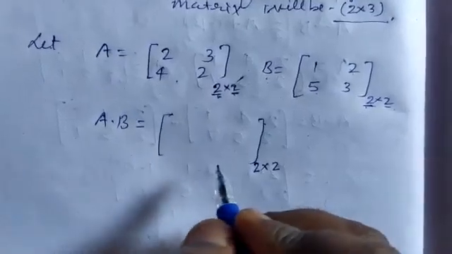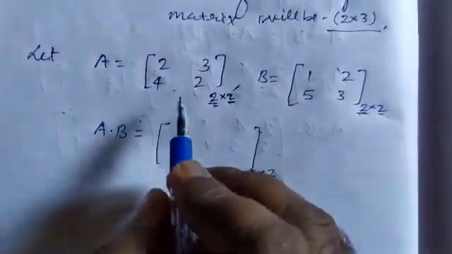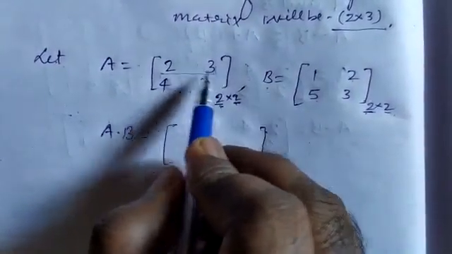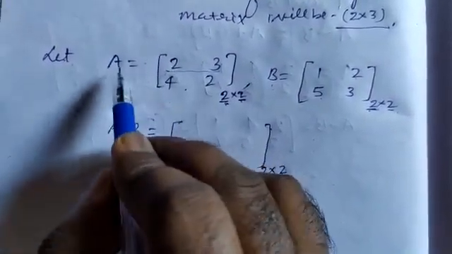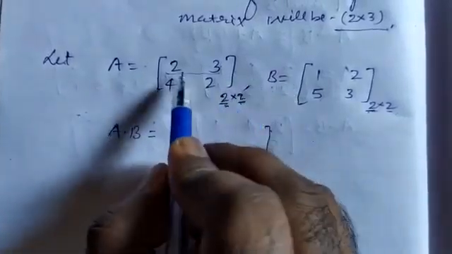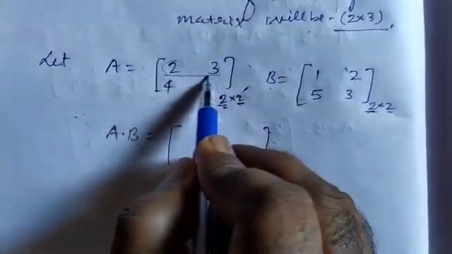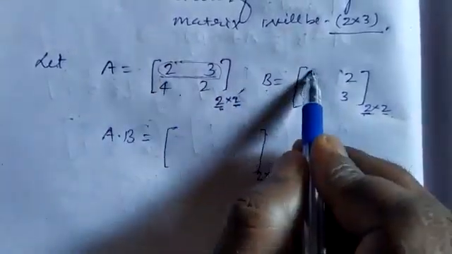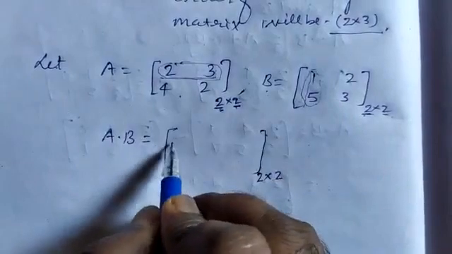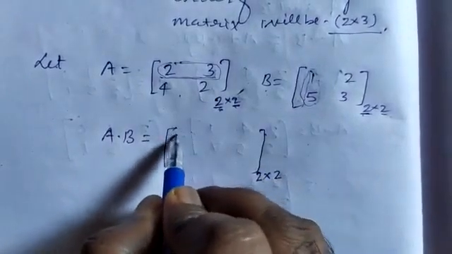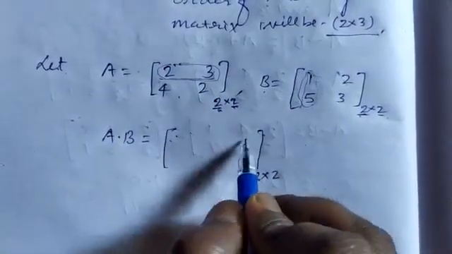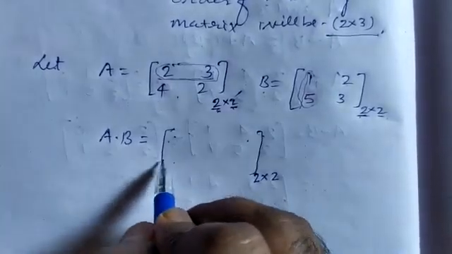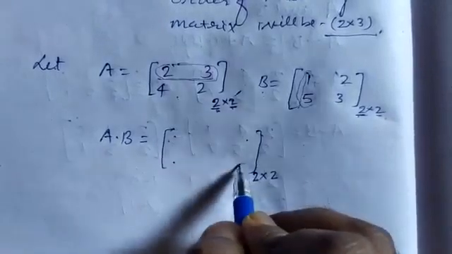Now start the multiplication. How will you multiply this? You have to multiply the matrix A and B. We have to multiply the first row into the first column, because we have to write here the element of first row and first column, here first row second column, here second row first column, and second row second column.